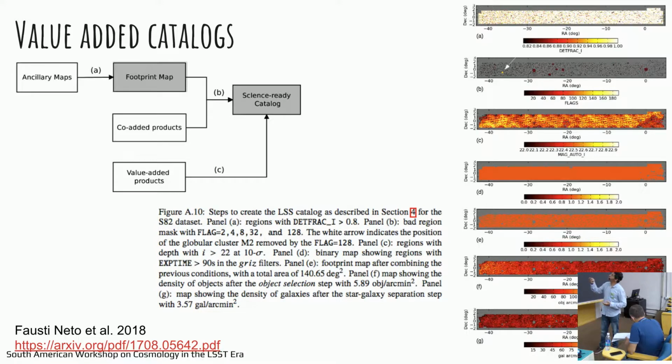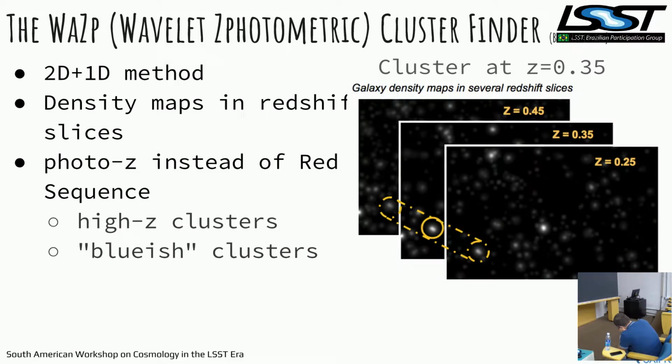You can choose different selections of your maps and star-galaxy separation or photometric redshift algorithms, and join them in an efficient way in a database and produce a value-added catalog, the catalog that you're going to use to do your science. Okay, this has been recently published in Fausti Neto 2018.